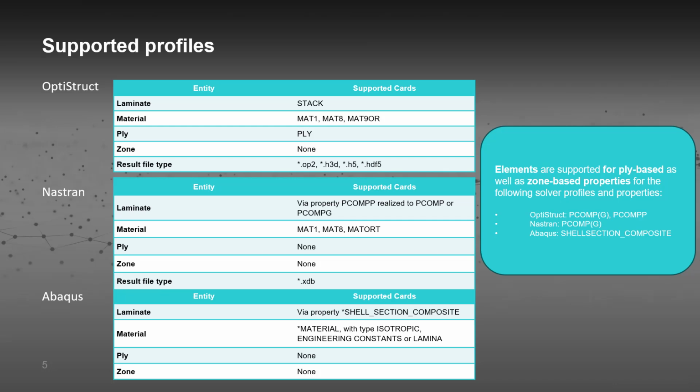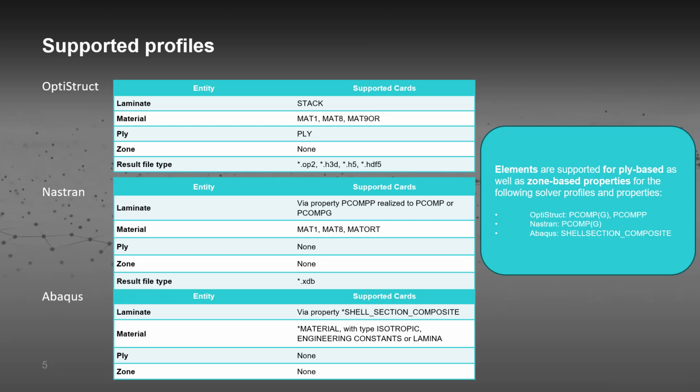When you're doing elemental analysis, it's important to note that it's not just supported for ply-based modeling, but also for zone-based properties. So if you happen to have the classic PCOMP or PCOMPG, then you can also run analysis for load response or just the engineering constants on those.